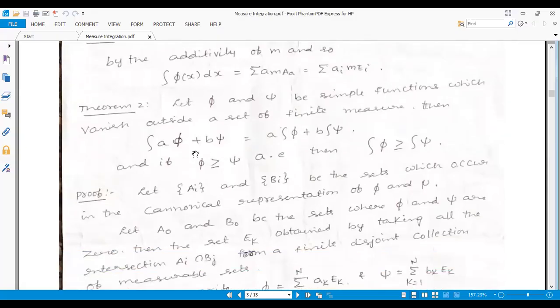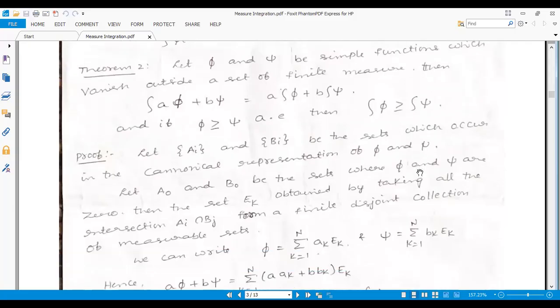And if particularly phi is greater than or equal to psi almost everywhere, which means except on a set of measure 0, that is the meaning you already know, then integral of phi is greater than or equal to integral of psi. Here there are two simple functions, phi and psi, given on a finite measure, then you can take a and b with respect to integration and write it separately. That is the property of the simple function.